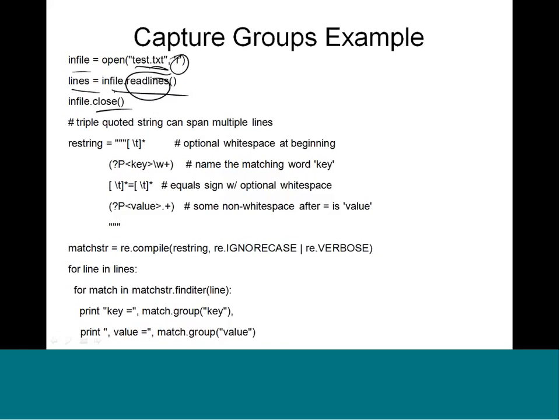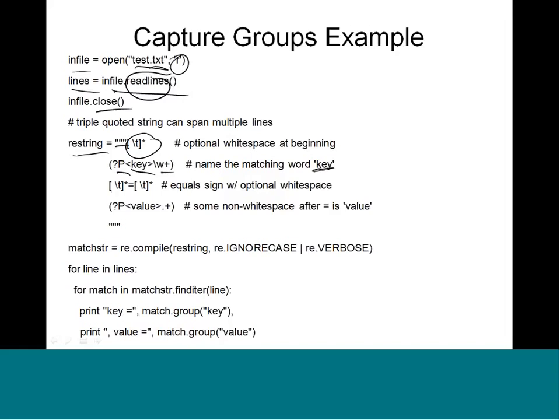Now we use the triple quoted string for the regex string. We start with the triple quoted string with some optional white space at the beginning, and then question mark P key, followed by any word that begins with P, we match that here.